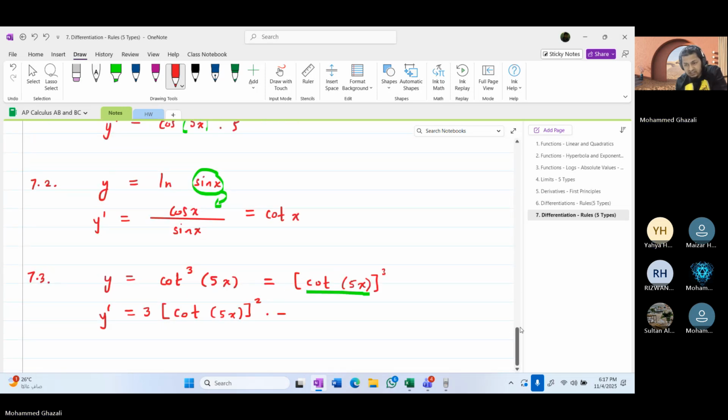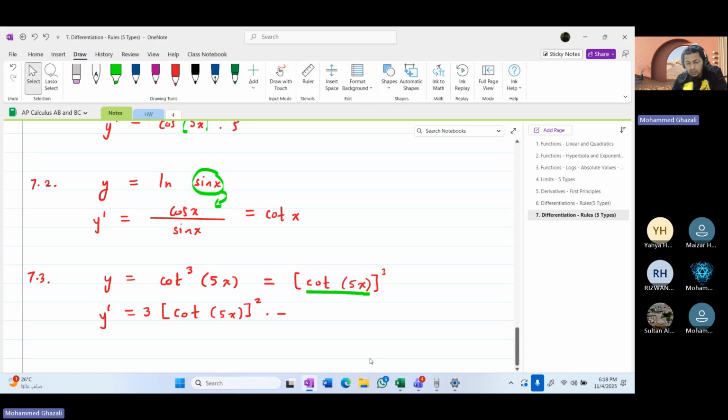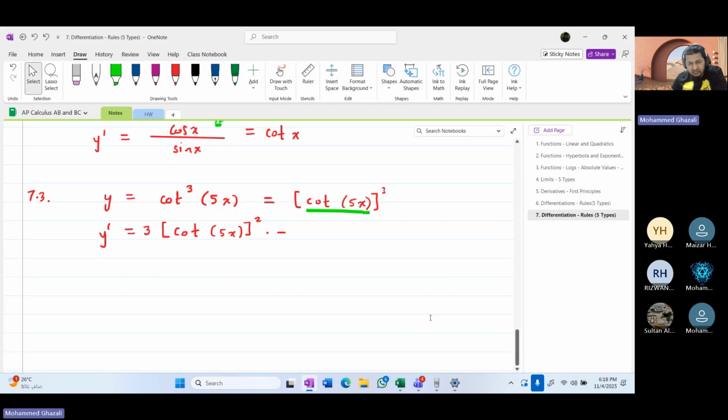Negative cosec squared 5x. Let's write it down. Negative cosec squared 5x, right? Times the derivative of 5x, which is 5. Remember, cot 5x is a function itself.